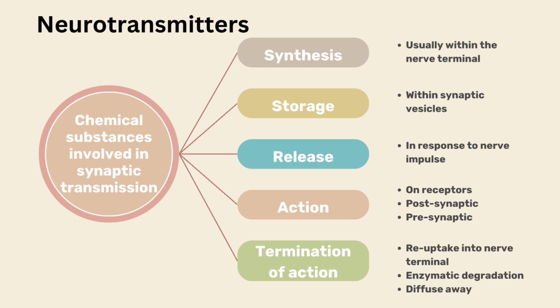So usually the synthesis of a neurotransmitter is within the nerve terminal, and it is stored within the synaptic vesicles in that nerve ending, and the release is in response to a nerve impulse. The action is on post and presynaptic receptors, and after that action is done, there's termination of action, which varies and has several options.